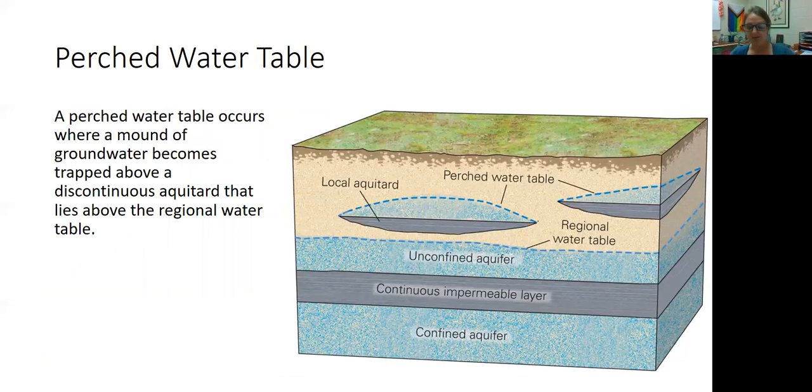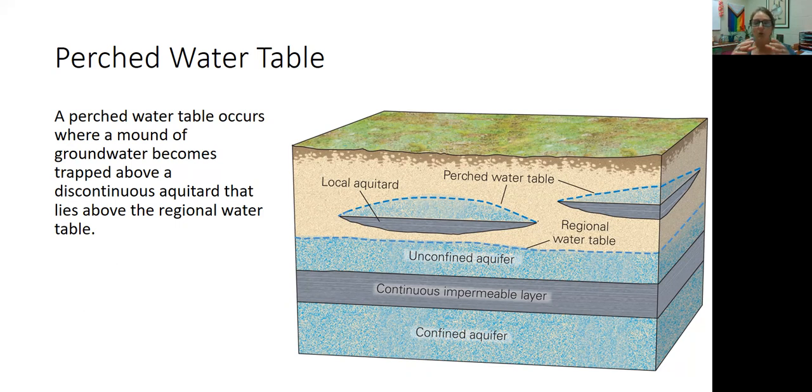The depth of the water table can also be influenced by where aquitards are. So, right, where there's an aquitard, water will sit on top of that and not be able to percolate beneath it.